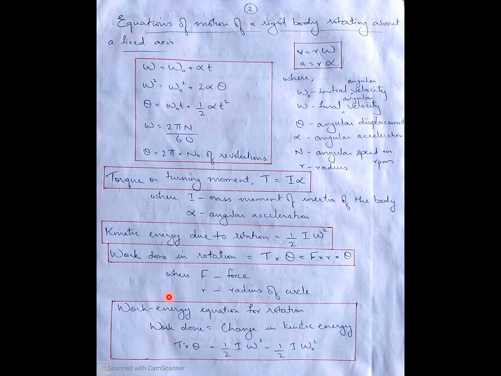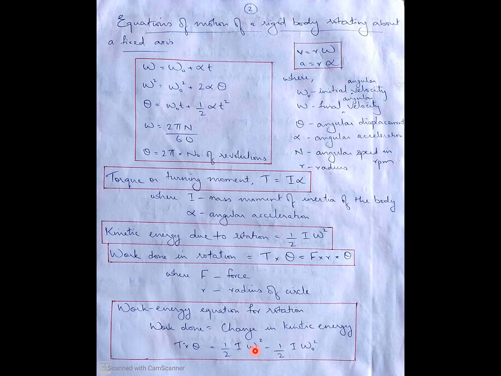Now, we have already studied the work energy equation. So similarly, the work energy equation for rotation is the same itself. Work done equal to change in kinetic energy. What is the work done? It is torque into theta equal to change in kinetic energy, which is half I omega square minus half I omega 0 square.